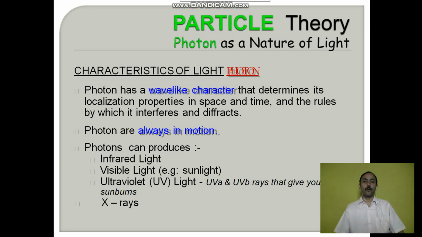Photons can produce infrared light, visible light, sunlight, ultraviolet or UV light, UVA and UVB rays that give you sunburns, X-rays. These are the photons.